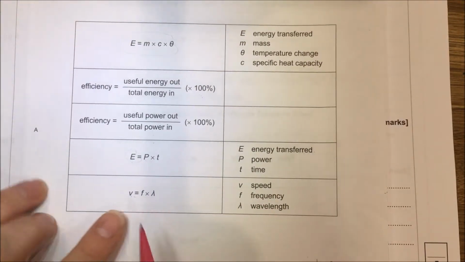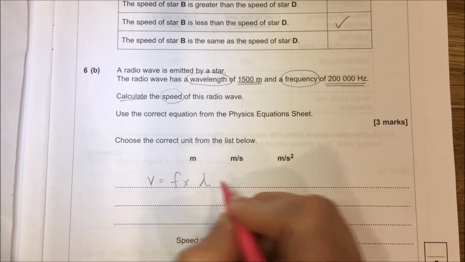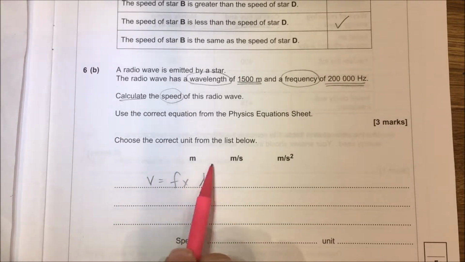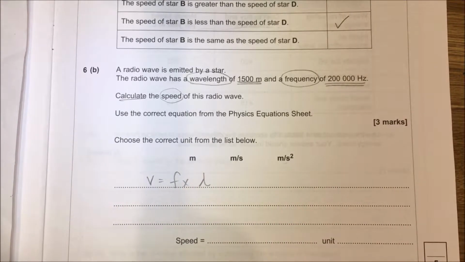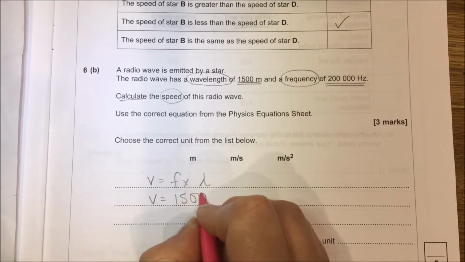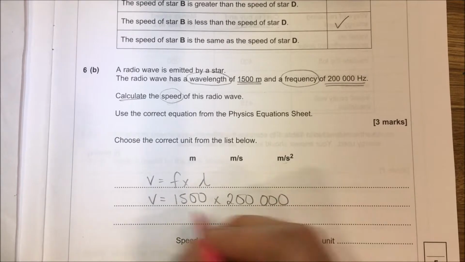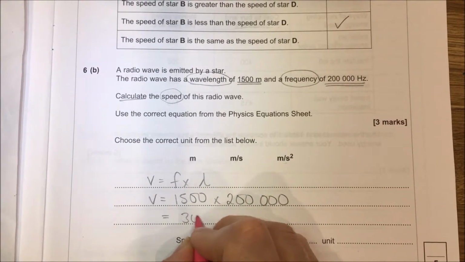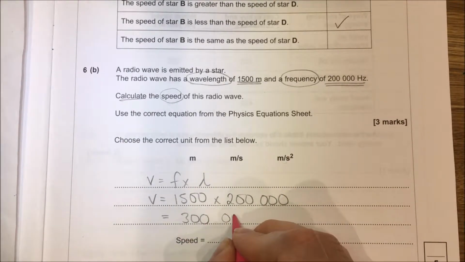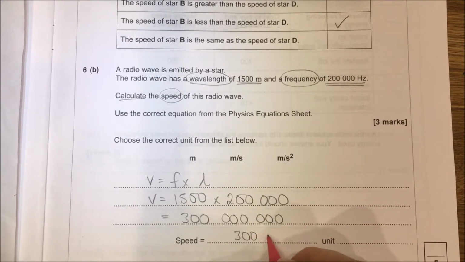So we're looking at this equation. Okay, so we've got v equals f times wavelength. And we also need to choose a correct unit for our final answer here. So speed equals frequency, 200,000, times the wavelength, 150, and that's going to give us 1, 2, 3, 4, 5, 6, and we're going to write that in here.